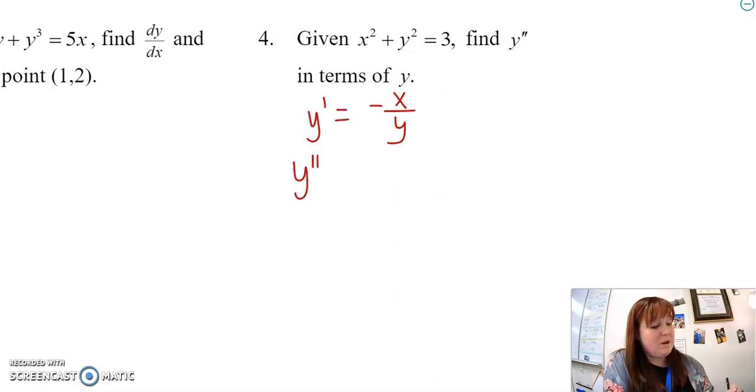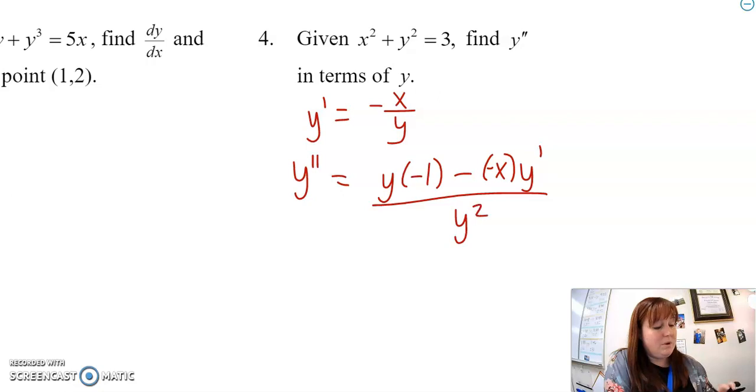So we have y double prime equals low d high minus high d low, square the bottom, and away we go. I said it wrong at first, that's why I say it this way.